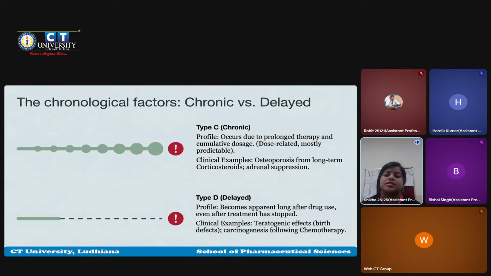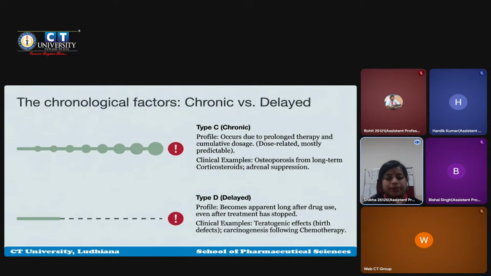Osteoporosis is a disease basically occurring in your joints. In this, the bones are porous, so it will affect your joints, and that's why the treatment includes corticosteroids. It will reduce the inflammation of the joints. So a long term use of corticosteroids will give you a type C ADR.